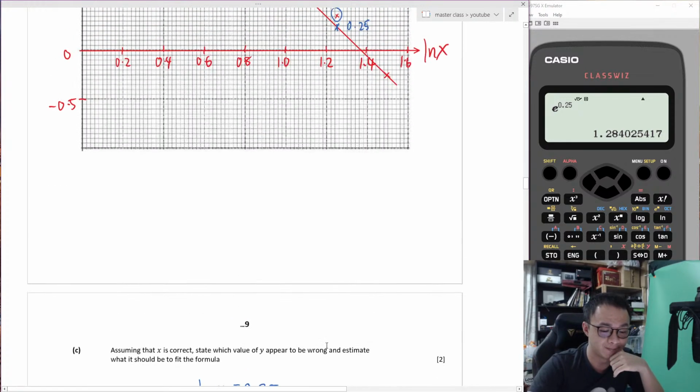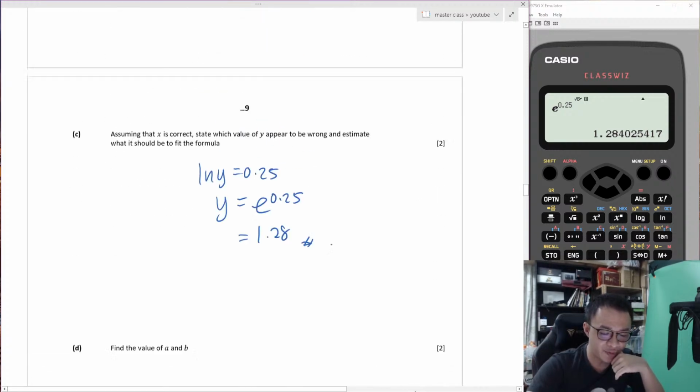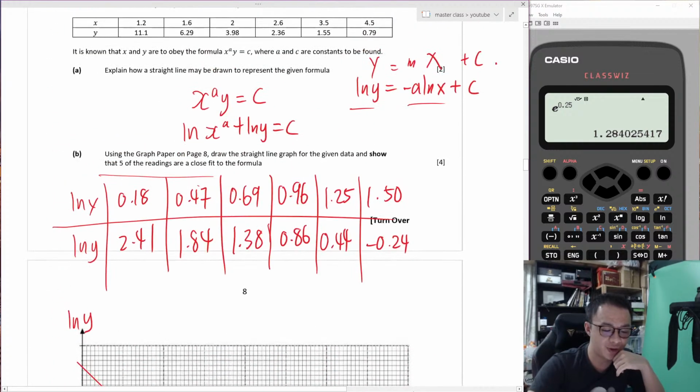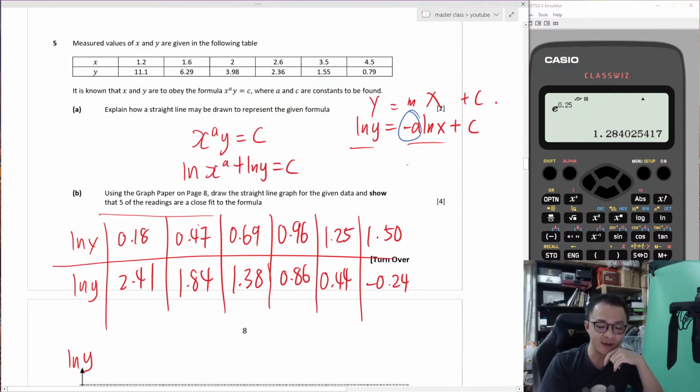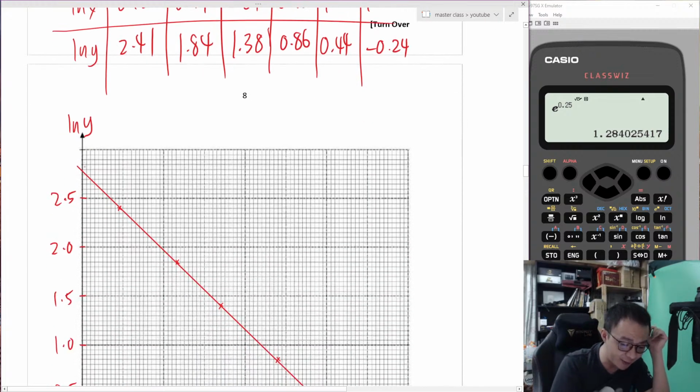Okay, so then find the value of a and b. We know, if you check back the original equation, the a is basically the gradient, and the c is basically the vertical intercept. C we can easily find by reading here. Okay, so here is about 2.6, 2.7, 2.75.